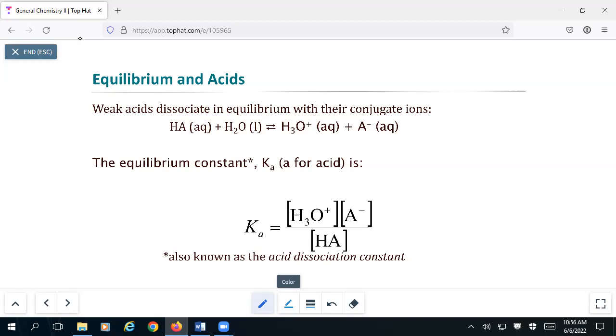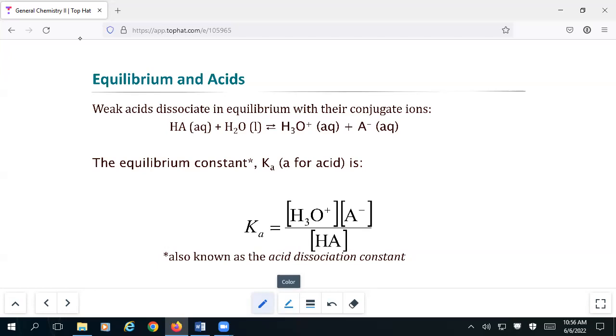Since they are in equilibrium, we can measure the directionality of that equilibrium using an equilibrium expression, using an equilibrium constant. We call that equilibrium constant Ka, the A standing for acid, because we are looking at the specific equilibrium of an acid dissociation, as opposed to a gas phase reaction or some other equilibrium reaction.